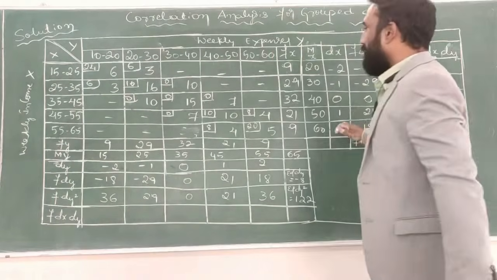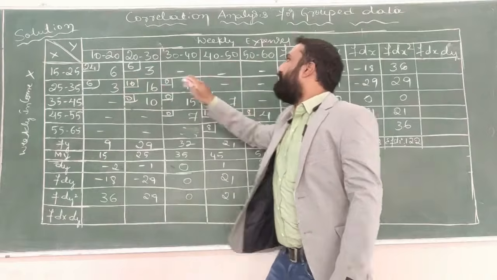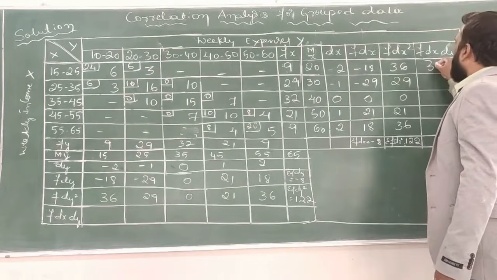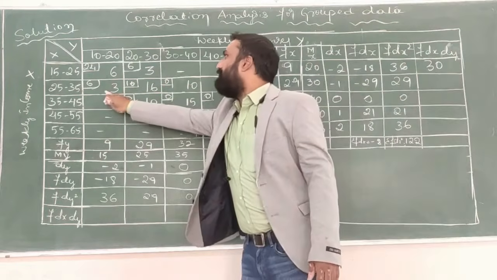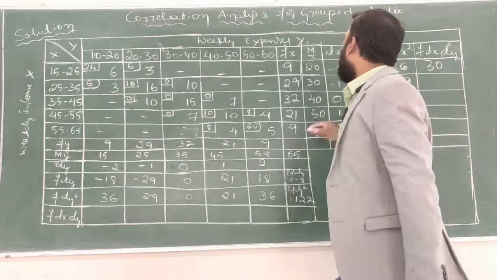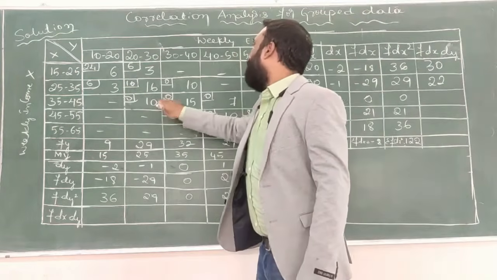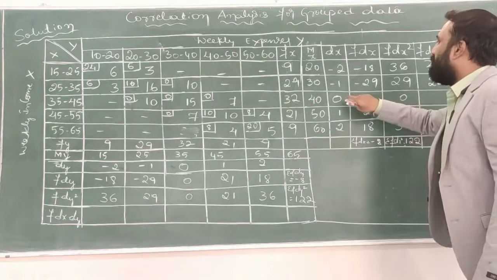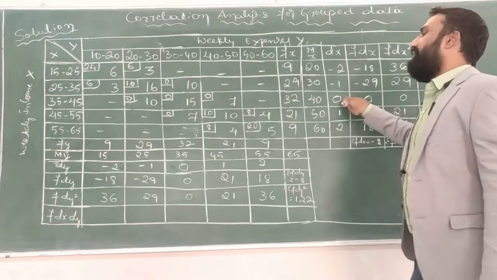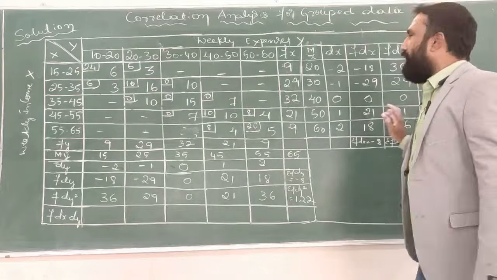Let us calculate f into dx into dy. 24 plus 6 is equal to 30. The next is 6 plus 16 is equal to 22. The next here the values will be 0, because in this row the dx value is 0, so automatically all these frequency values would be 0.